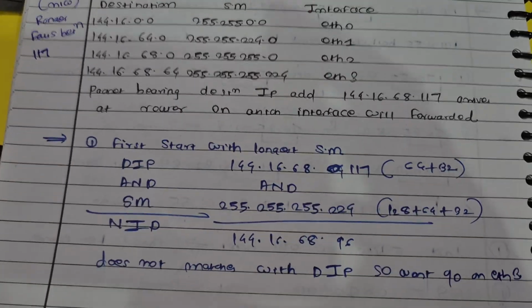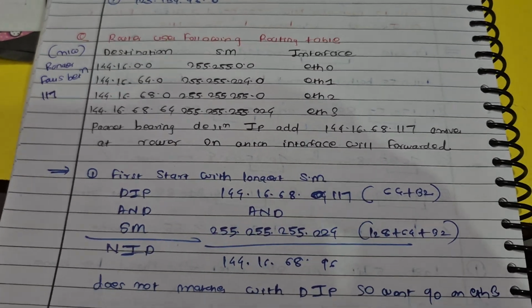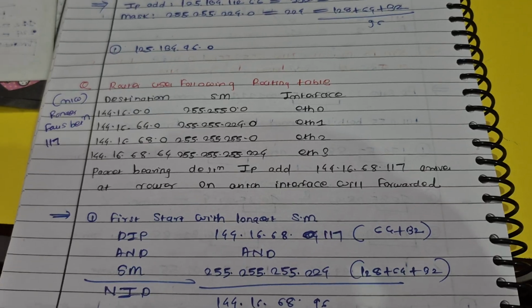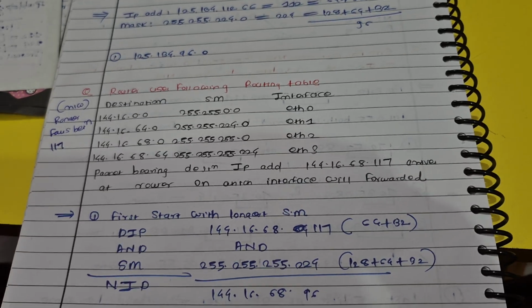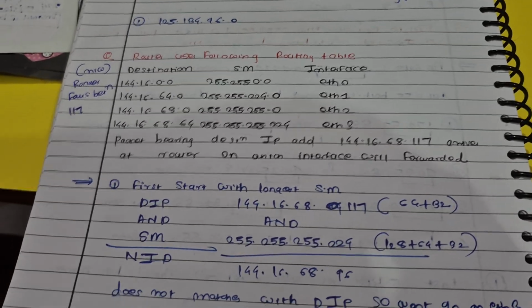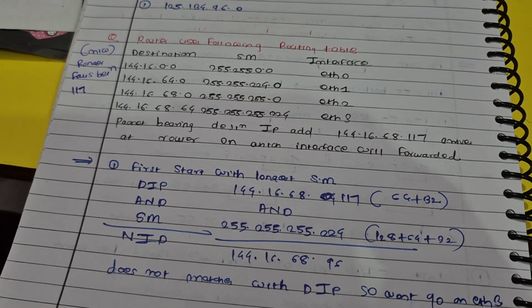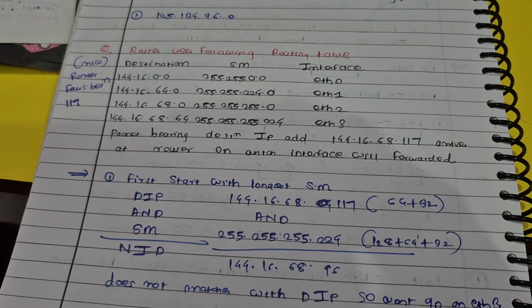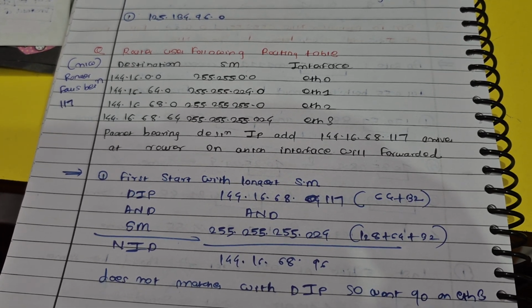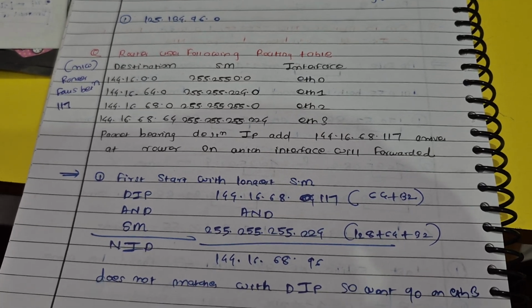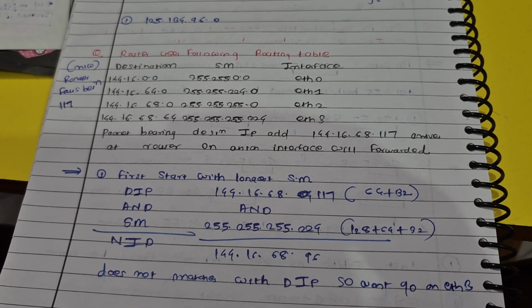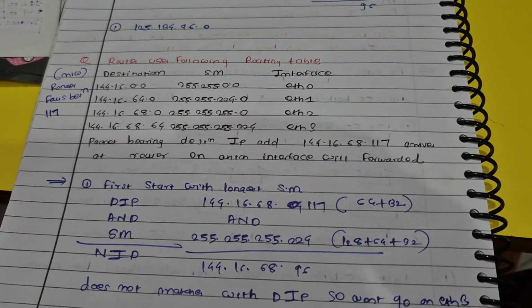Now, in the next question I have spent quite a bit of time because I had to understand it. The router uses the following router table, and if you see, there is a destination column, but it's not a destination IP address.